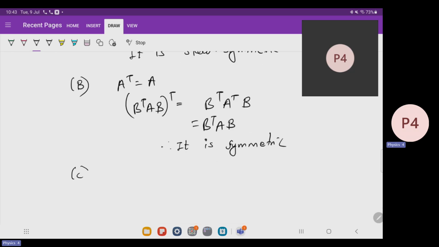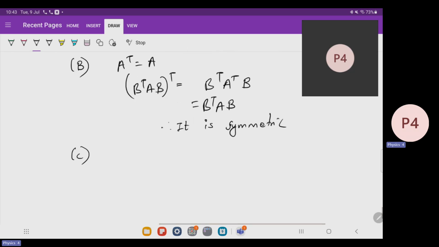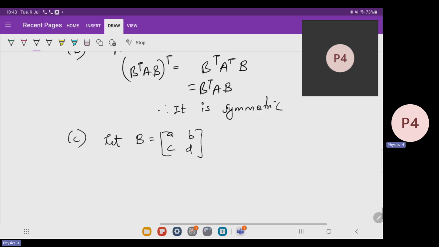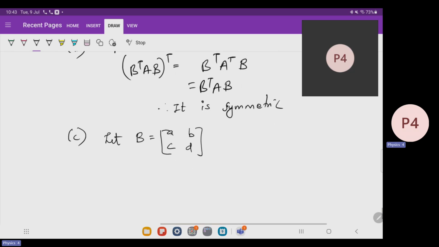C option. The matrix which commutes with A equal to [1 1; 0 1] is always symmetric. So let us take a general matrix B. Now since a matrix is commuting with A, it has to be a 2 by 2 matrix again, because AB and BA both exist. And what is A?